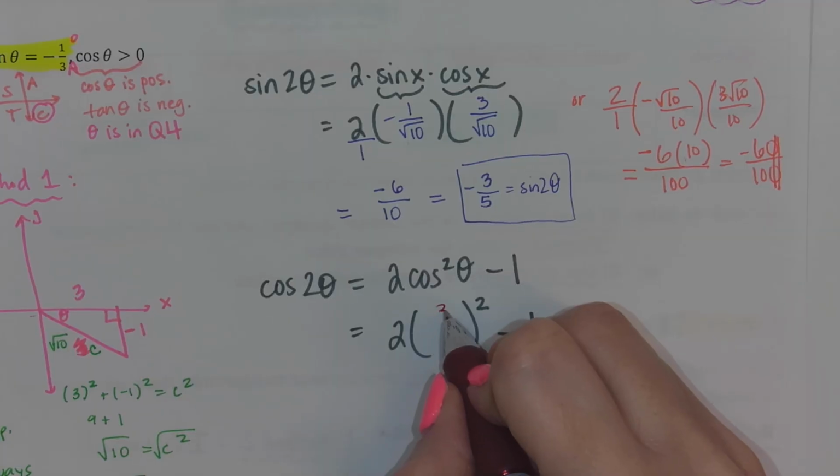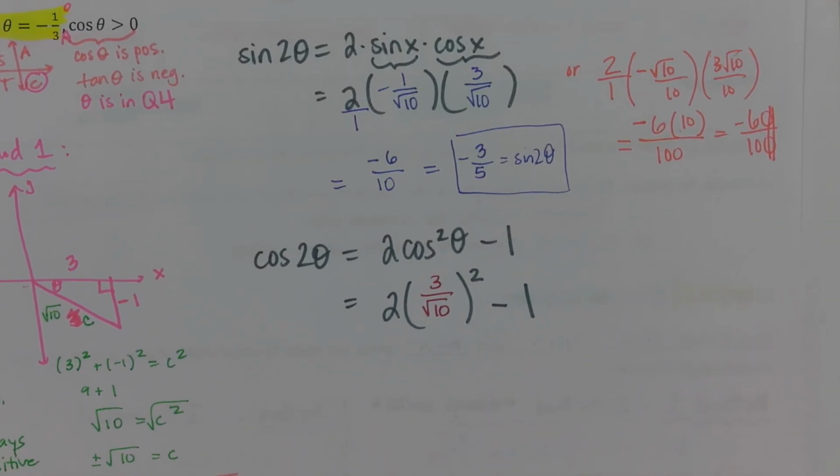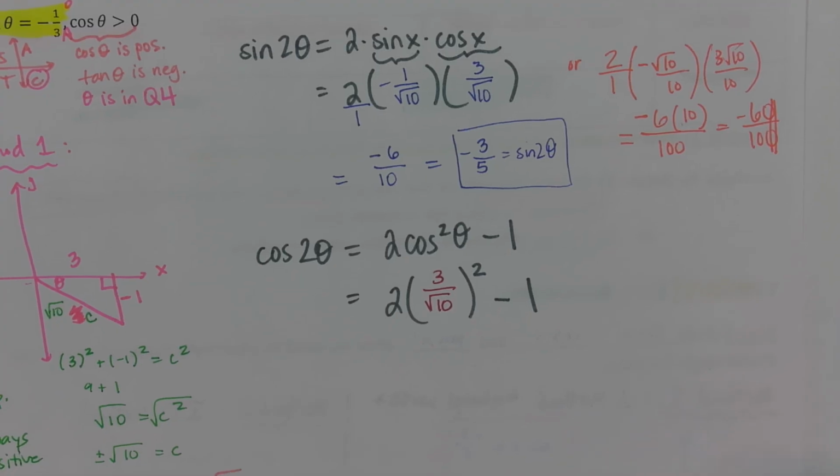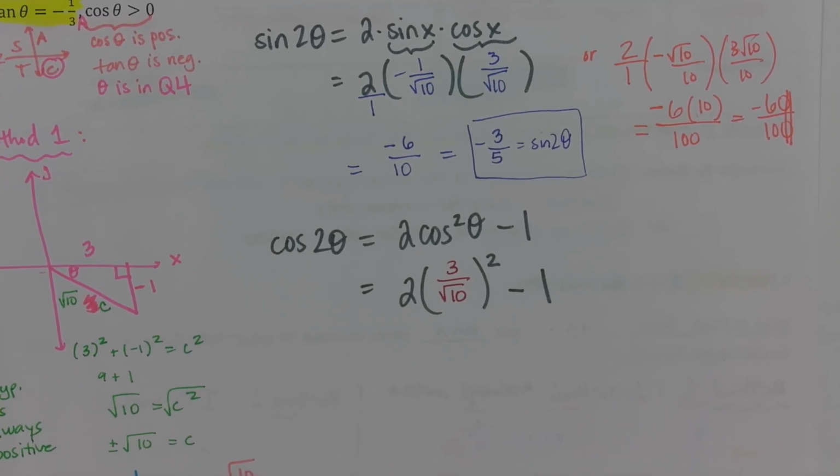Okay, so the cosine is 3 over root 10. Okay, so why don't you guys see if you can simplify that? And then we are going to use the other equation for tangent now.